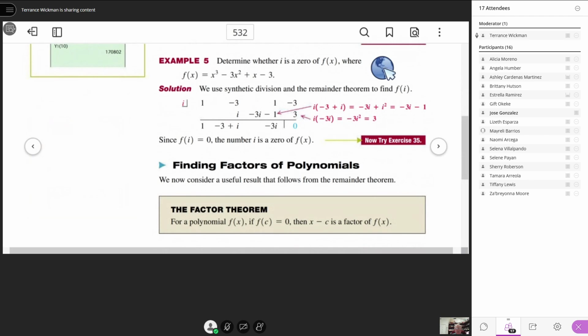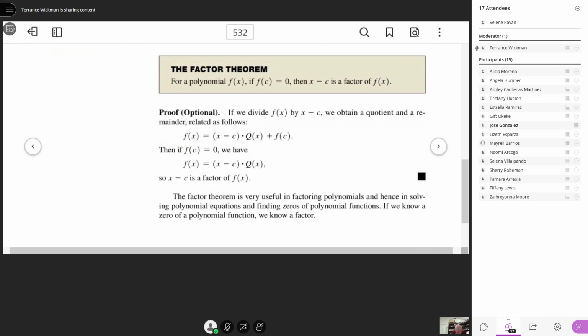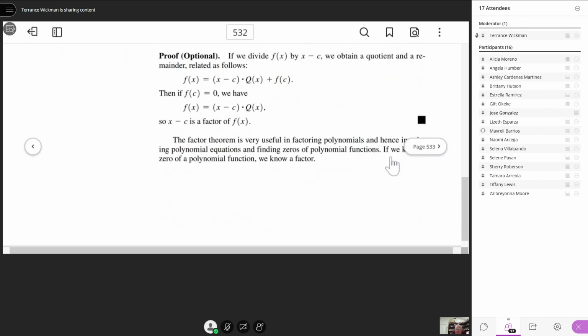Add them up, you get a negative 3i. A negative 3i times i gives you a positive 3. Negative 3 and 3 gives you 0. So number 5, they just try to make it a little bit more challenging by throwing in an i, but you should know how to multiply that. But the most important rule is if i is a factor, then a negative i must be as well. That's the rule. Let's go to the next one.